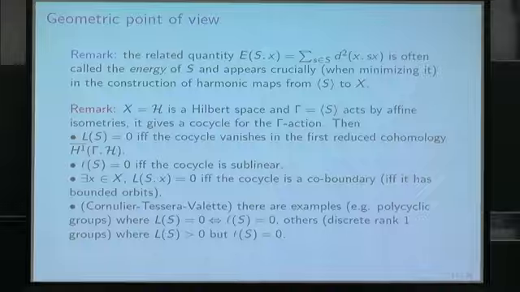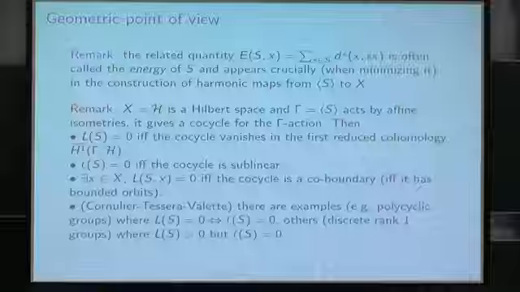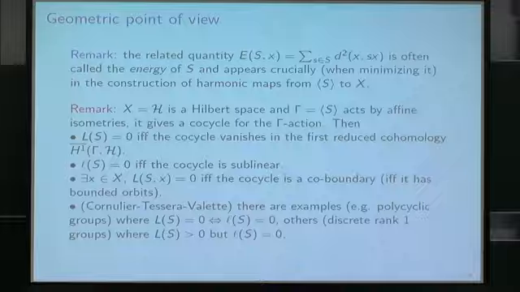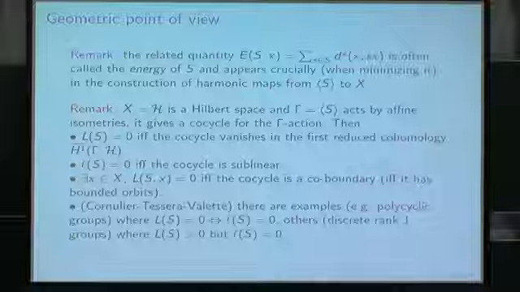To say that L of S, this joint minimal displacement, is equal to 0 means precisely that the cocycle vanishes in the first reduced cohomology. To say that little L of S equals 0 means that the cocycle is sublinear, so it has sublinear growth. To say that there exists a point where L of X vanishes means that the cocycle is a coboundary, its cocycle is bounded. So all these notions have been studied a lot, in particular by Cornulier, Tessera, and Valette.